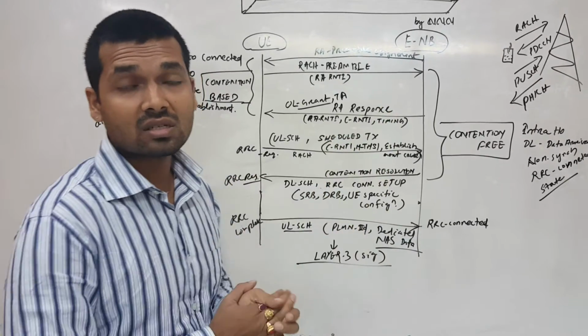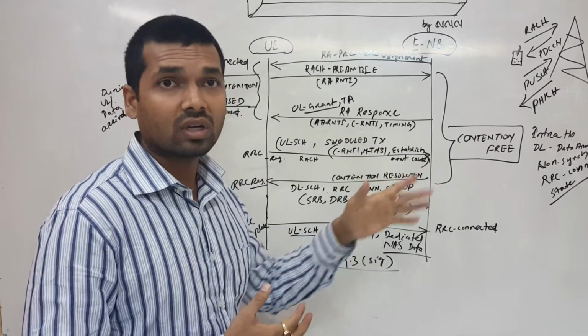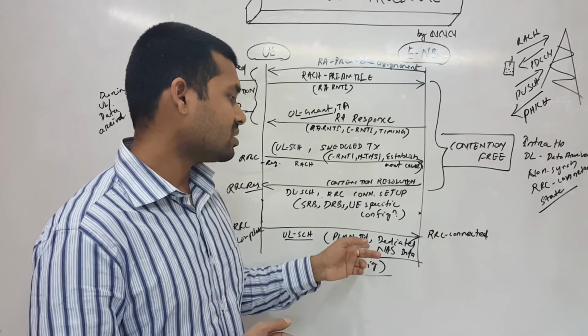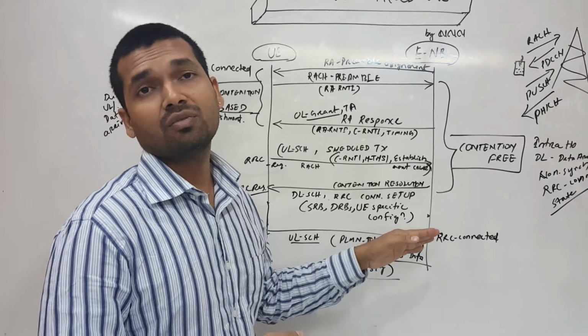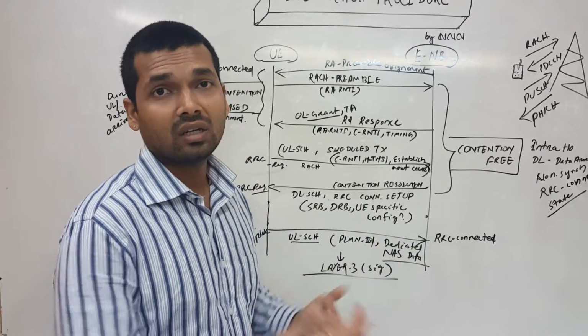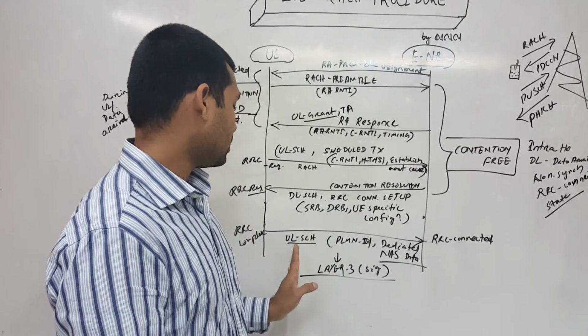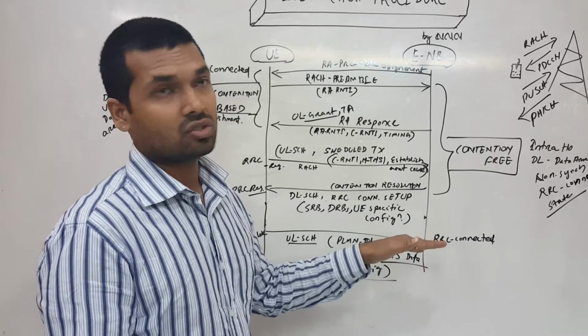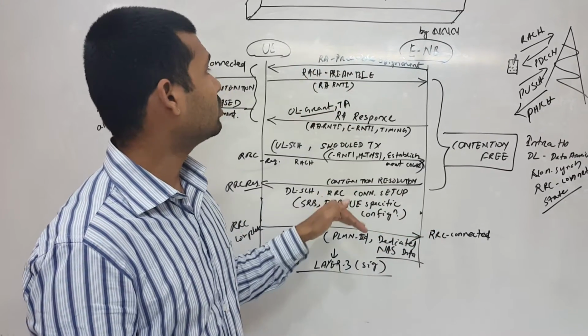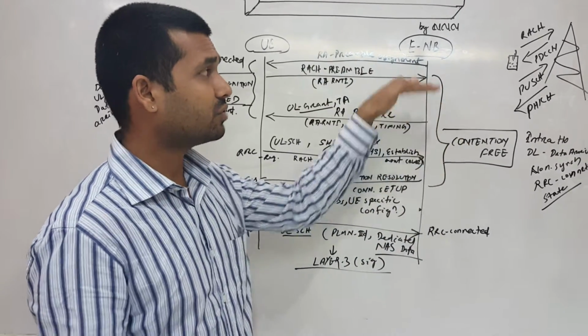We have already discussed this in the earlier chapter on protocol layers. So we directly send the NAS related information for ciphering and authentication requirements in the RRC complete message. So that's all about the contention free part.